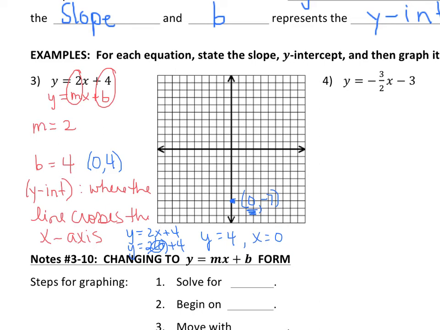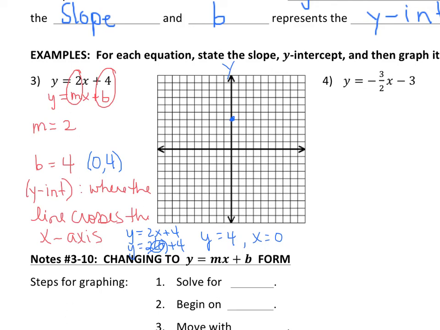Well, just like in the previous examples, we're going to start with that. So we're going to graph that point first. So let me go ahead and erase this point. And we're going to graph (0, 4), which is 1, 2, 3, 4. Y-intercept means that it intersects the y-axis at that point. So you're going to start there.